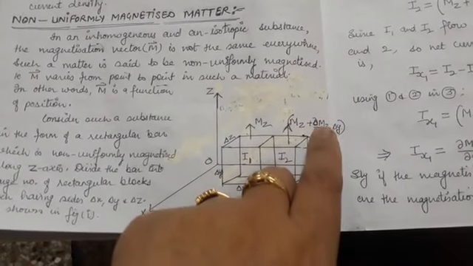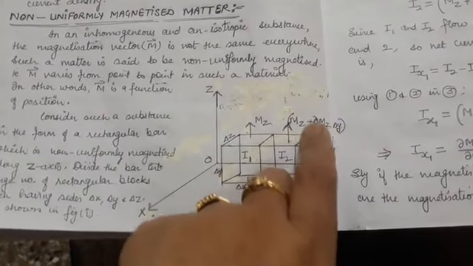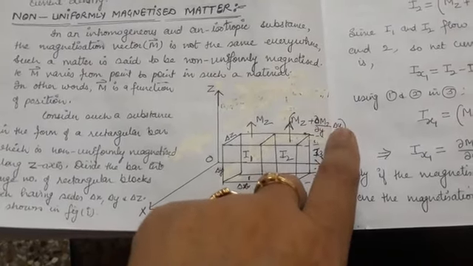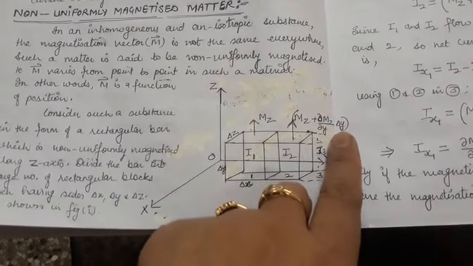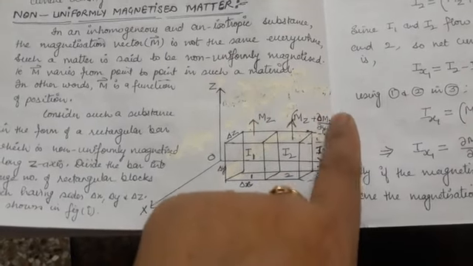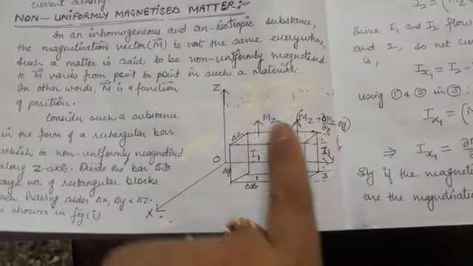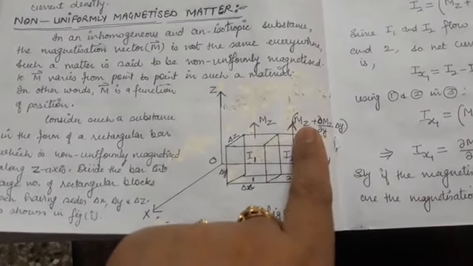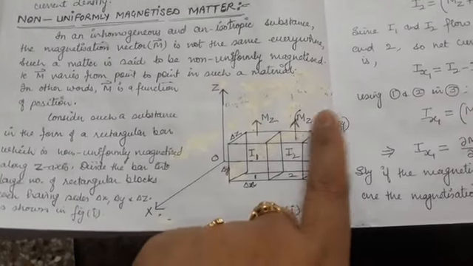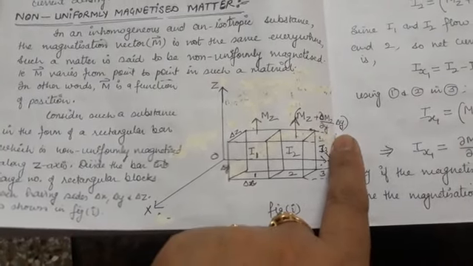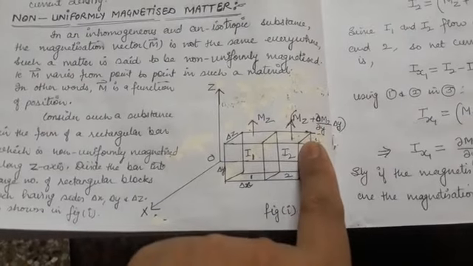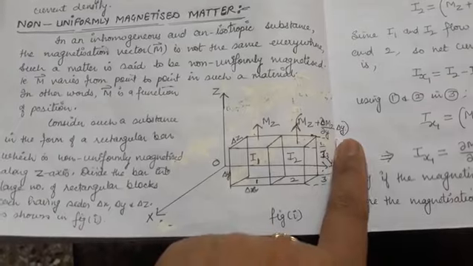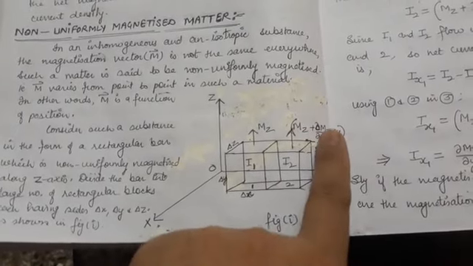It is the rate of variation for 1 unit distance, and I wish to move for the delta y distance. So ∂Mz/∂y into delta y becomes the total change in Mz. So on the second face, Mz must be increased, meaning it becomes Mz plus ∂Mz/∂y into delta y. If you remember, we have already done this topic in the case of curl of a vector field. The same variations are considered over here.